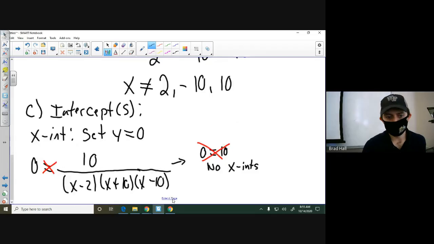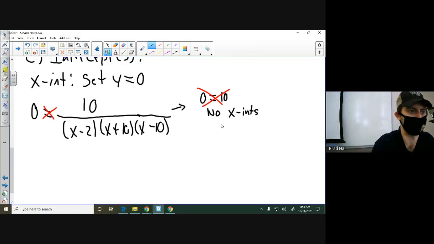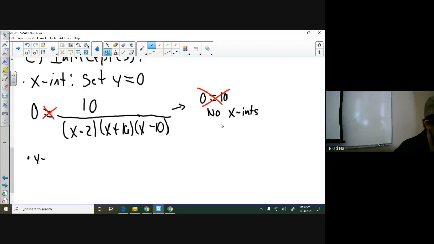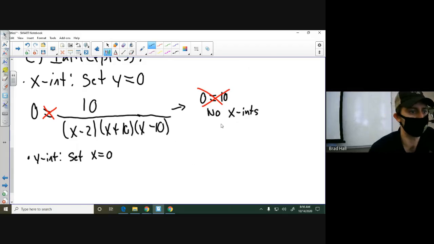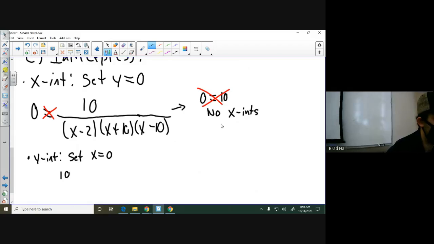We will probably get a y-intercept, though. So that was the first one, the x-intercept. Let's move on to the y-intercept. Set x equal to 0. So now this is going to be 10 divided by 0 minus 2, 0 plus 10, 0 minus 10.